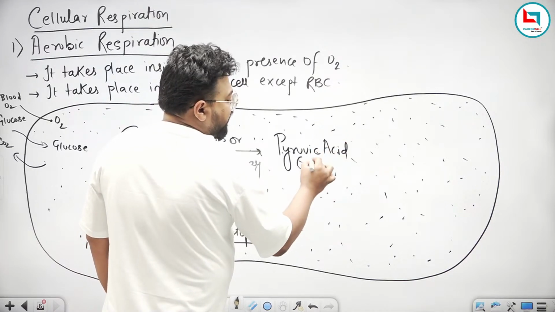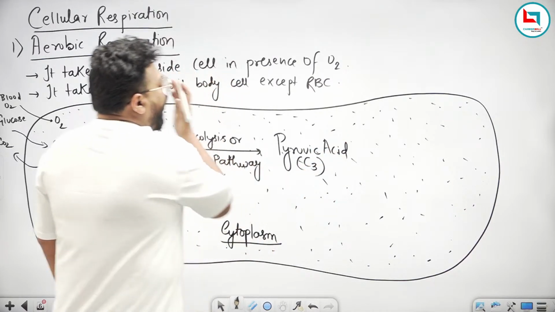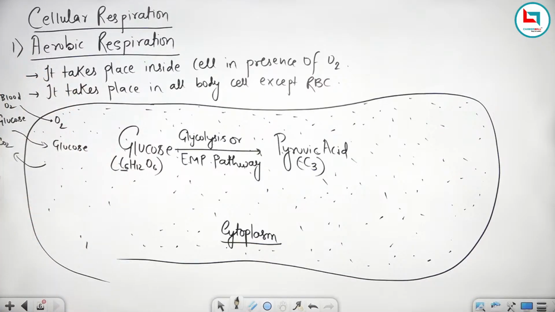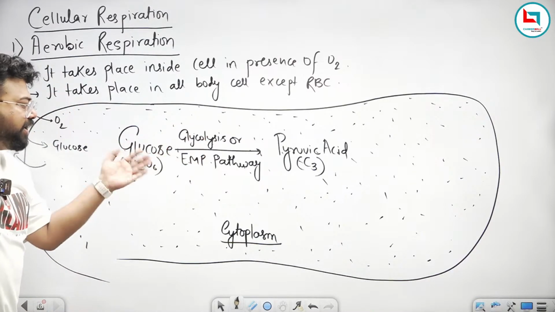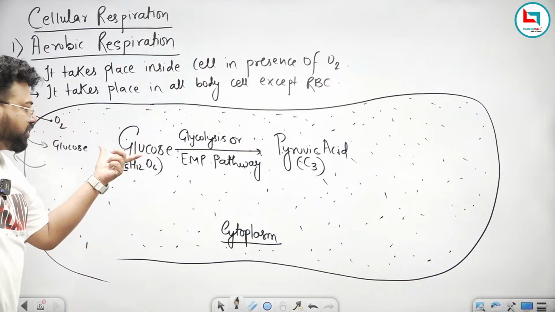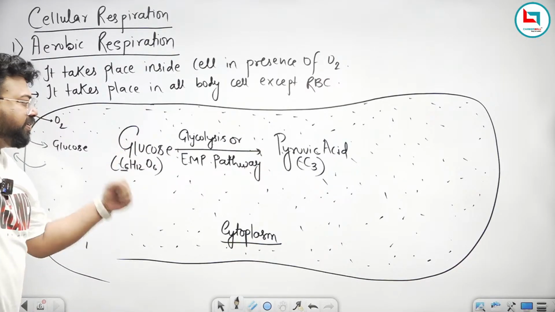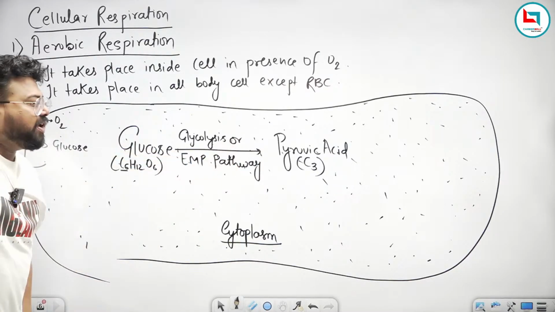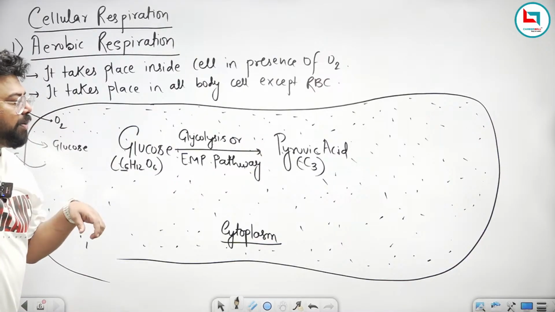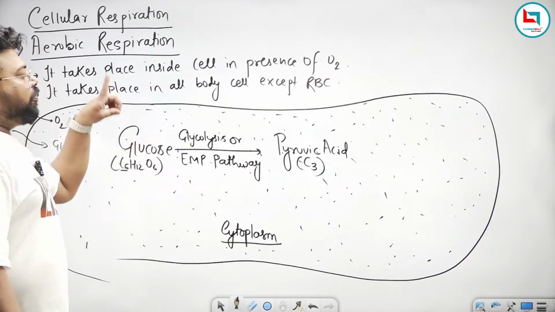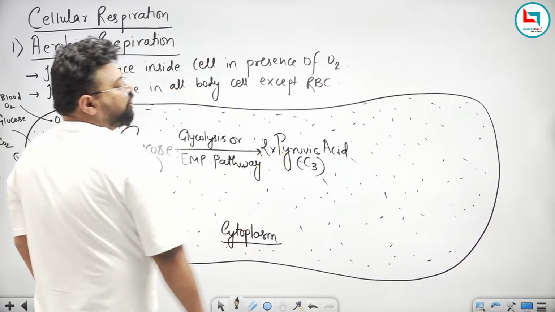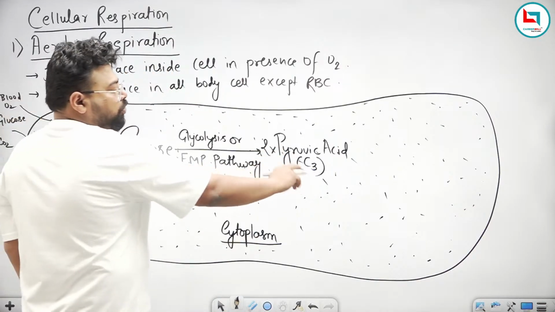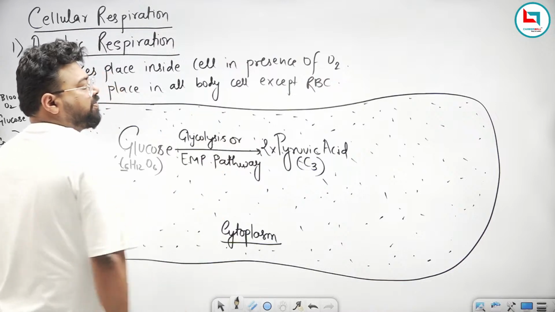So this is a 3 carbon compound. Glucose is a 6 carbon compound, and by 10 different steps of chemical reaction, this glucose will get converted into 3 carbon compound, that is pyruvic acid. So one molecule of glucose will yield 2 molecules of pyruvic acid. Both contain 3 carbons in them.